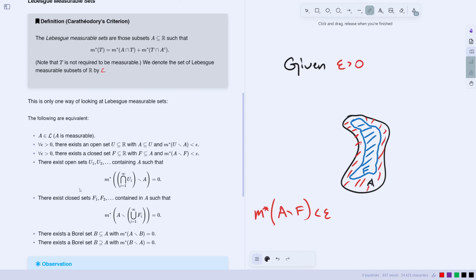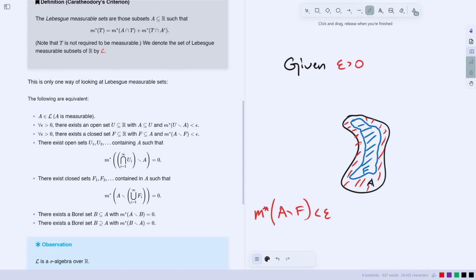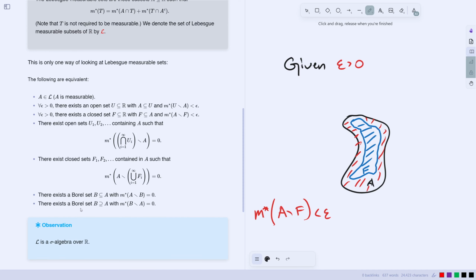We're going to come back to the third and fourth conditions now and move on to the fifth and sixth. These are really important ones. A set is going to be Lebesgue measurable if there exists a Borel set contained in A where the Lebesgue outer measure of the difference is 0.